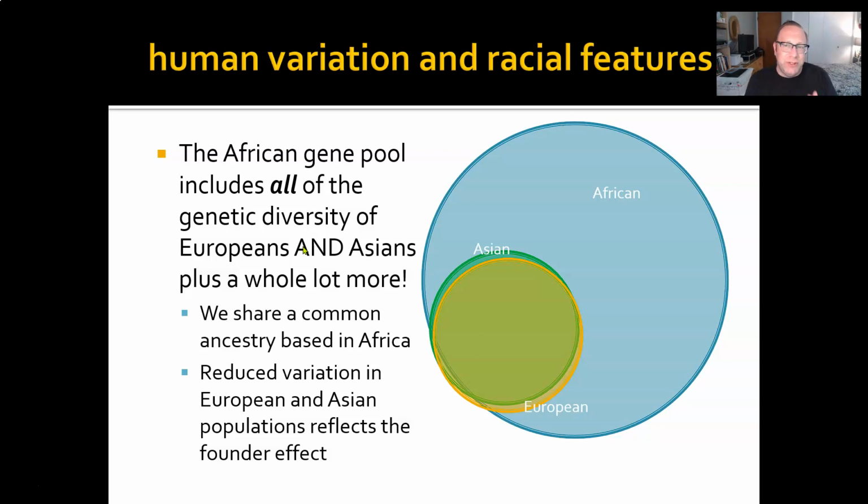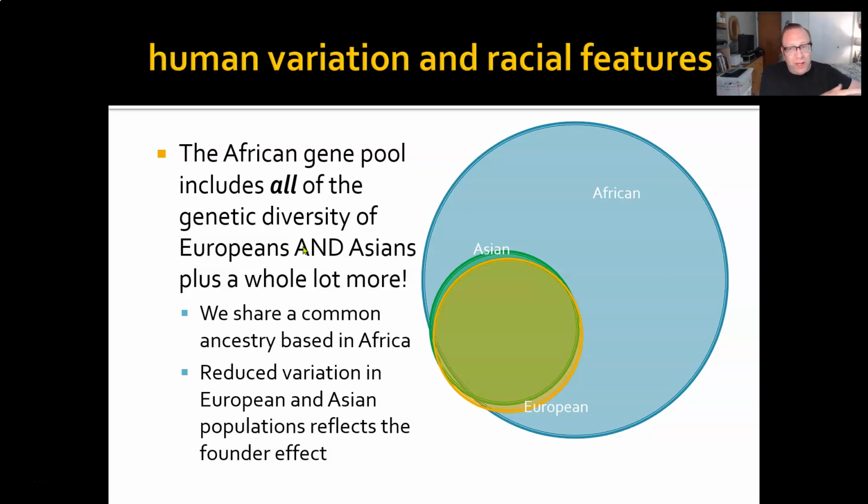The reason there is reduced variation in the Asian and European populations is because of founder effect. Okay? When our ancestors first left Africa, they weren't an even sampling of all of Africa. Humans had spread throughout Africa by that point. It was about 70 to 100,000 years ago. And it was only the gene pool of those people near the Middle East, near the Red Sea, that were able to cross.